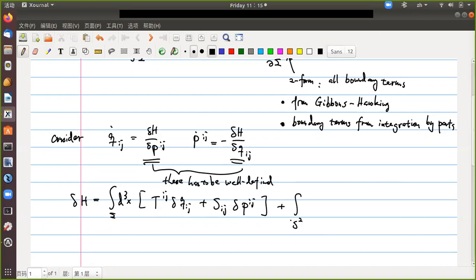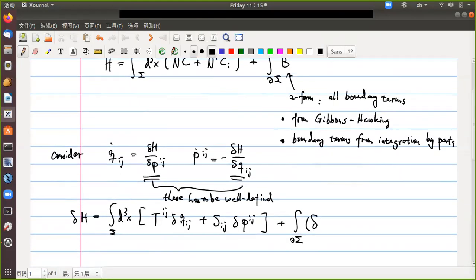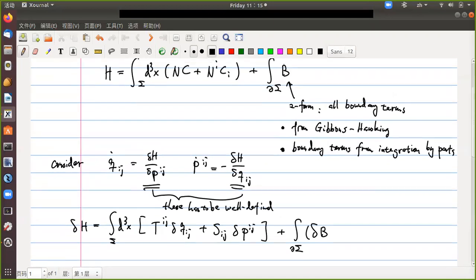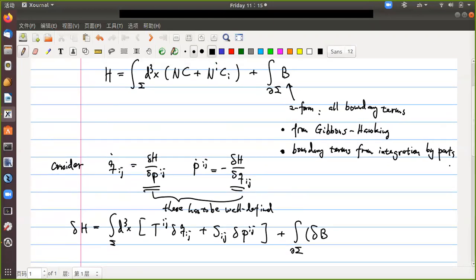So let's consider the boundary of sigma, and maybe I just call it partial sigma. There are previous boundary terms, delta B, because when you do variations you also have to vary the entire Hamiltonian, so you have to vary the boundary terms.